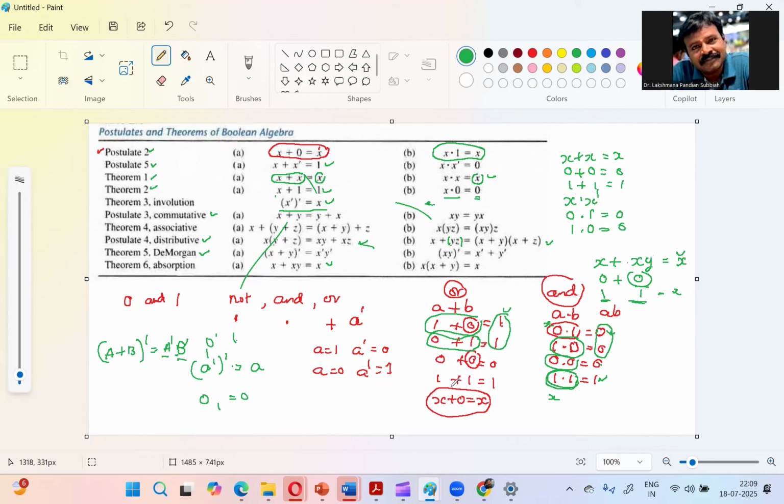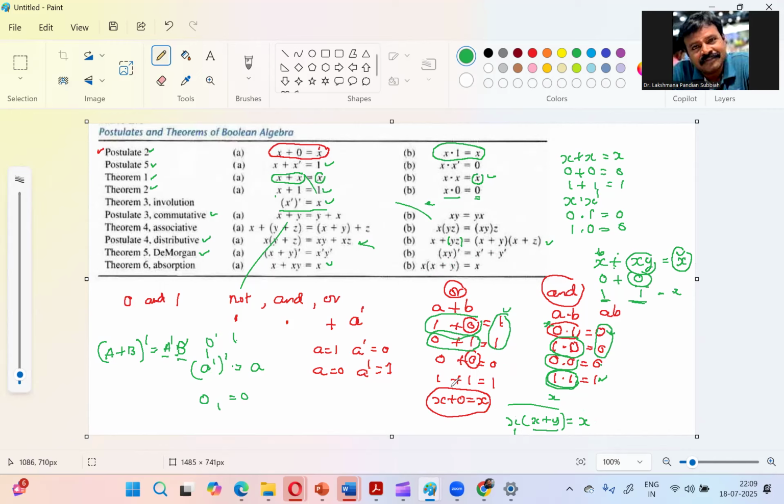So x plus xy, if you have one input, then another input with AND, then we do that OR operation. The result is the single input as a result. So here we have one input OR operation with two inputs. The result is the single input. Similarly, here we have x followed by x plus y. x dot (x plus y) is equal to x. If x is 1, then definitely this is going to be 1.